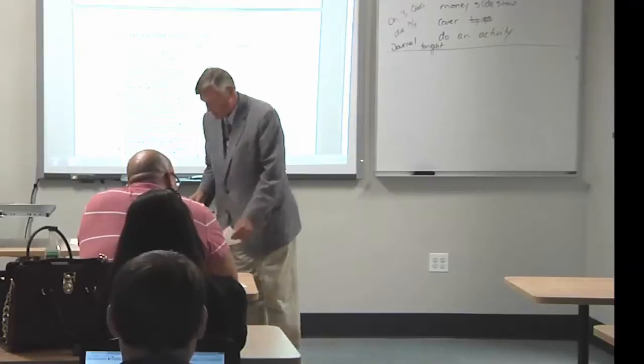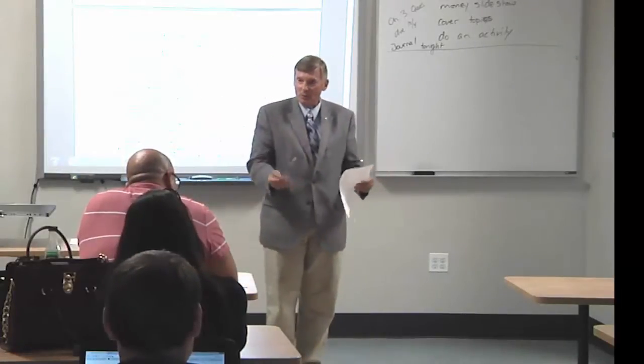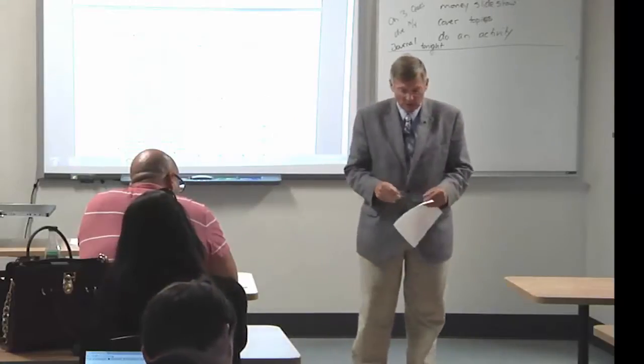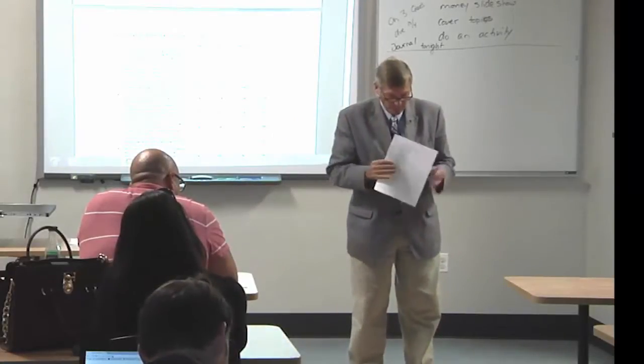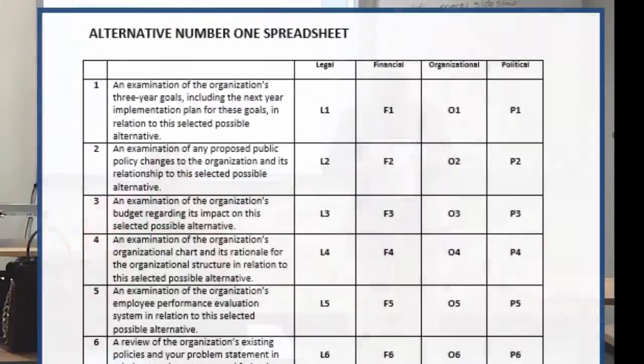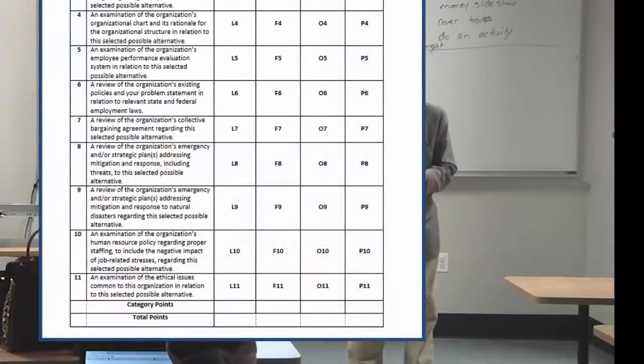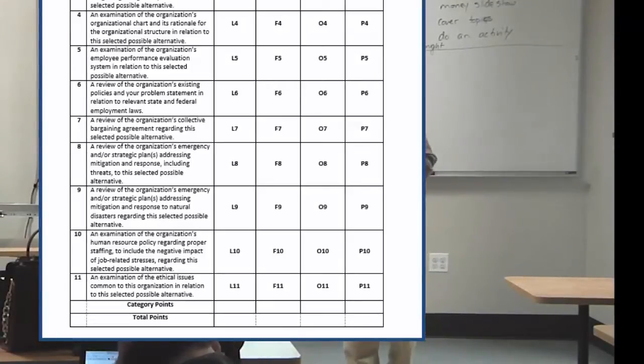I just want you to look at the end product and we'll work backwards, because sometimes that makes it much easier. So if you look at this particular spreadsheet, you'll see L1, F1, O1, P1, and then it goes all the way down through L11, F11, O11, and P11.